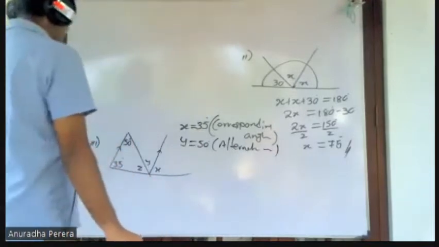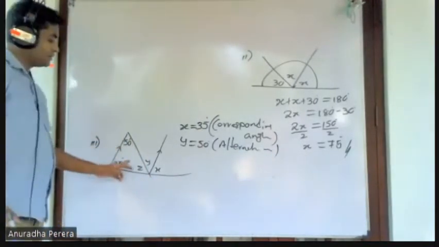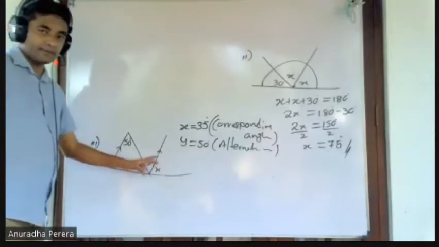And we can determine, we said, the sum of the angles of a triangle is 180, or the sum of angles on a straight line.